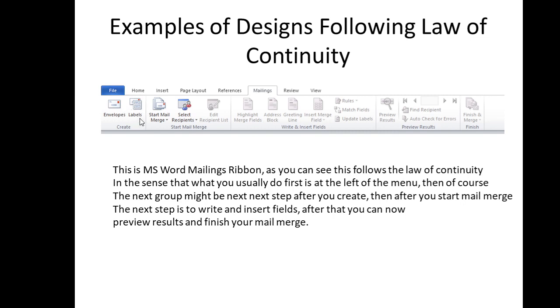Then of course the next group might be the next step, and this is the next step, etc. So this is now a series of the steps that you do with mail merging, and it goes from left to right. So the perception is that this will be from left to right, and that of course is following the law of continuity.